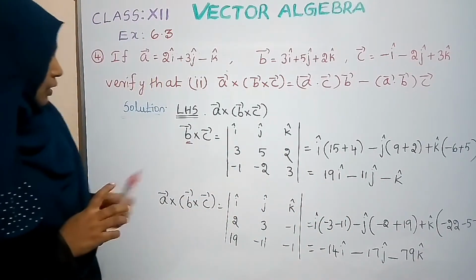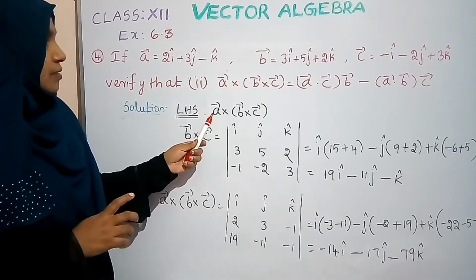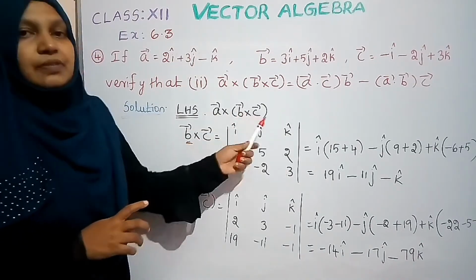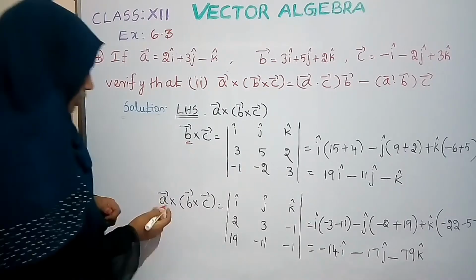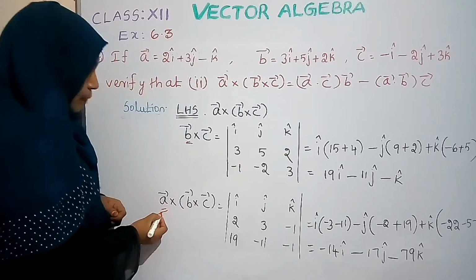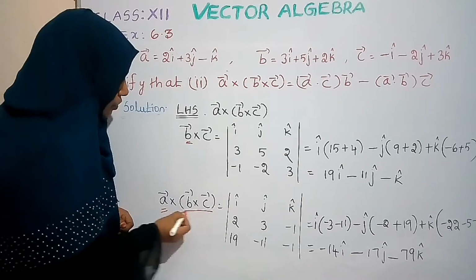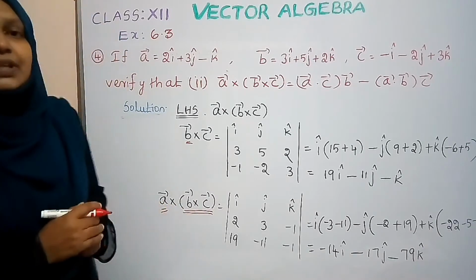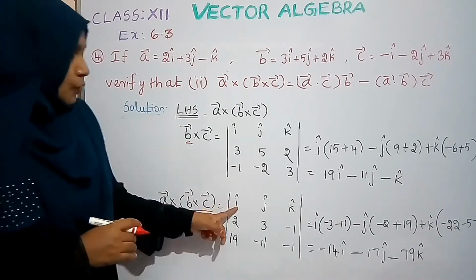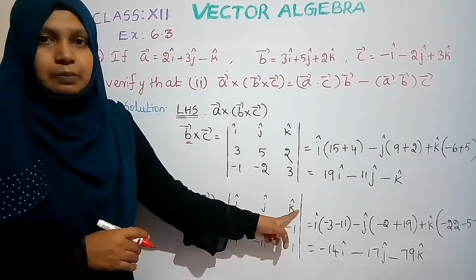Okay. So now we can calculate the next value, that is A vector cross B vector cross C vector. So you should fill the second row with the components of A vector, and then you should fill the third row with B vector cross C vector. First row as usual i cap, j cap, k cap.